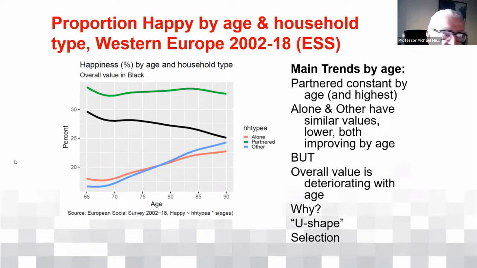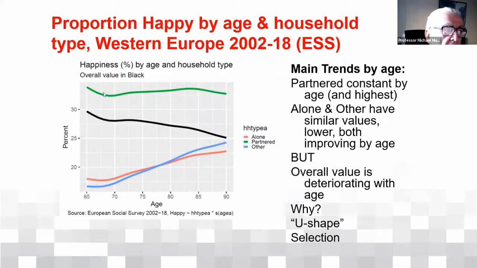What is noteworthy about this, I think, is if we look at the black line, this shows the overall value by age, and we see that this declines with age. There are people less happy at older ages, at age 90 than at age 65. However, if you look within each individual household type, we find a rather different pattern.